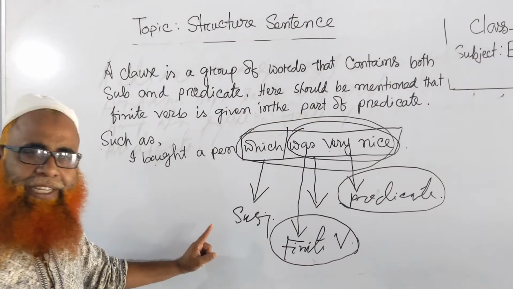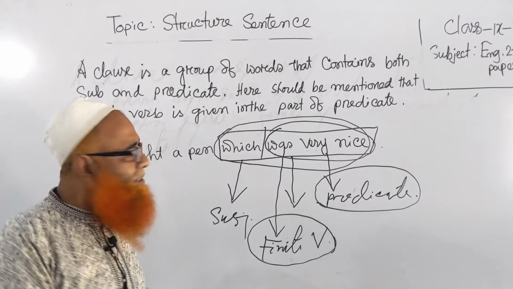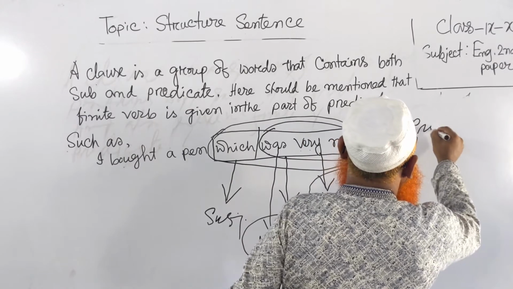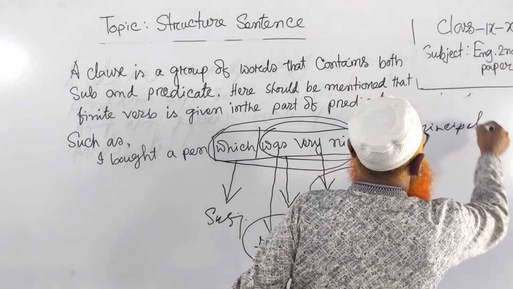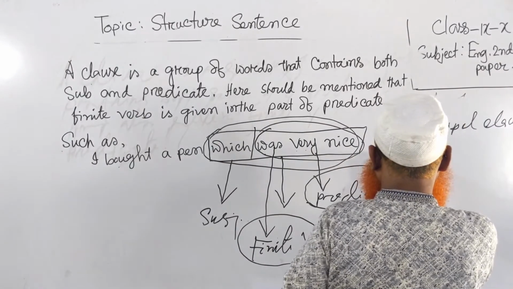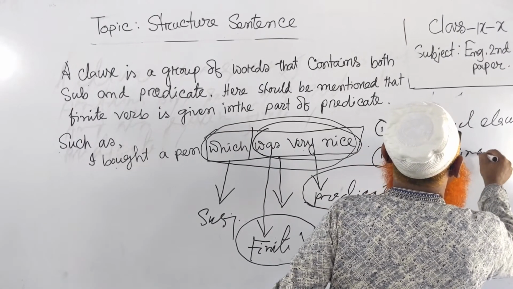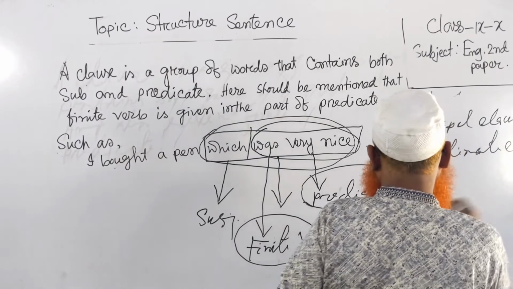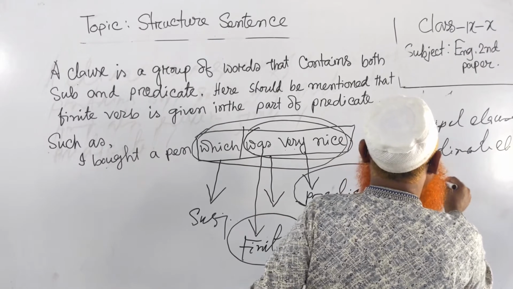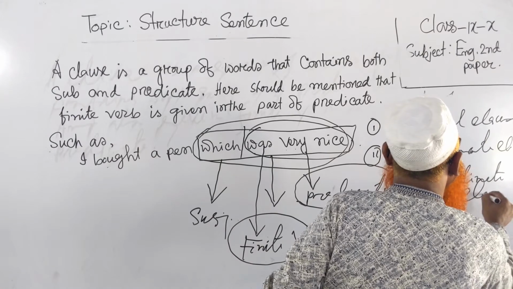We know that there are 3 types of clauses: number 1, principal clause, subordinate clause, and coordinate clause.